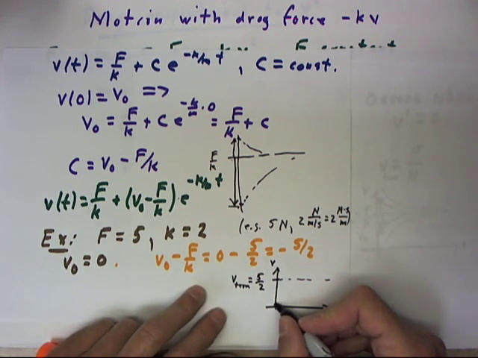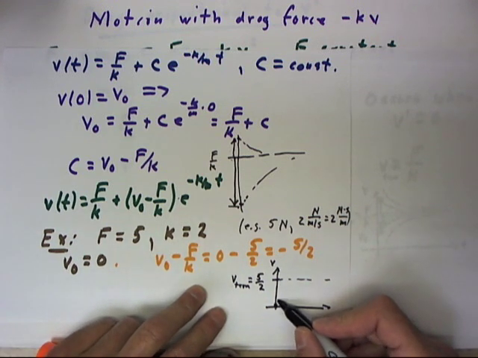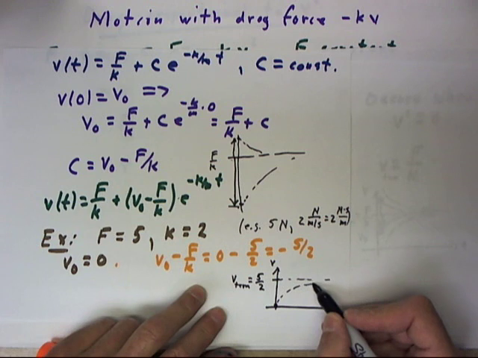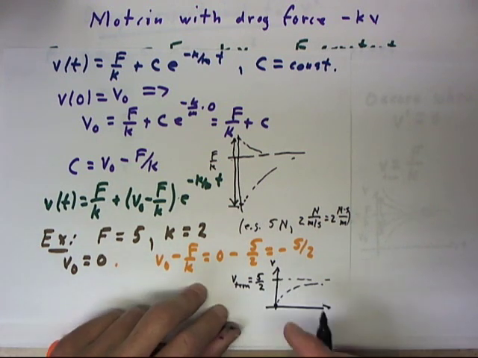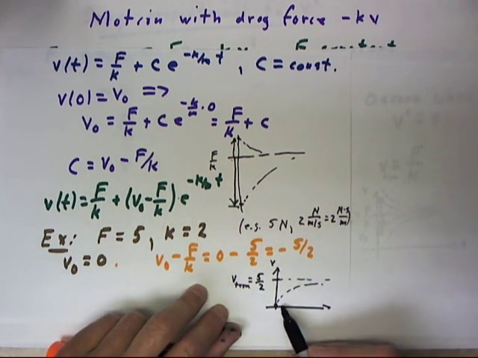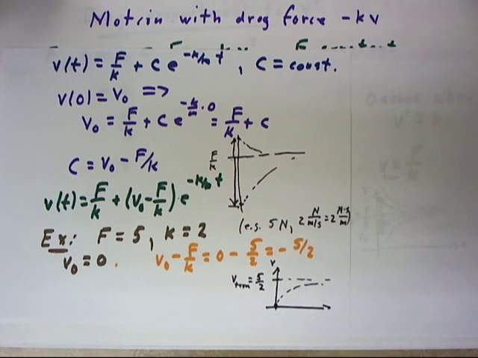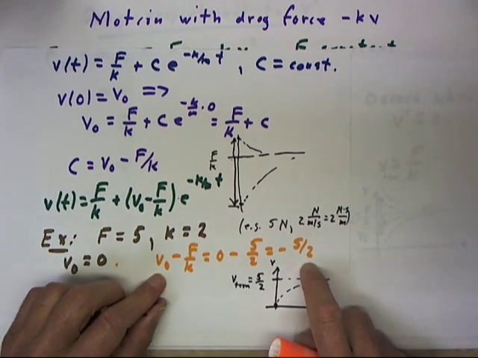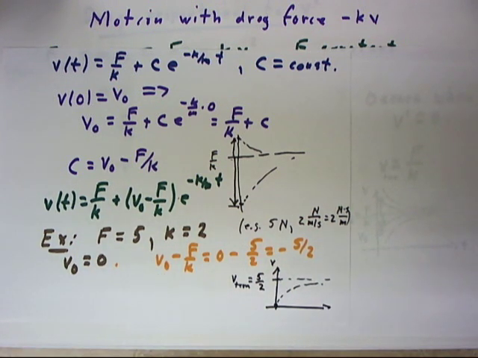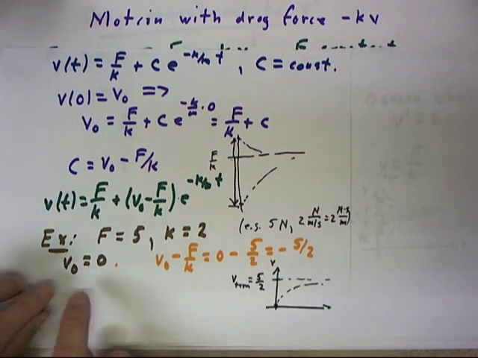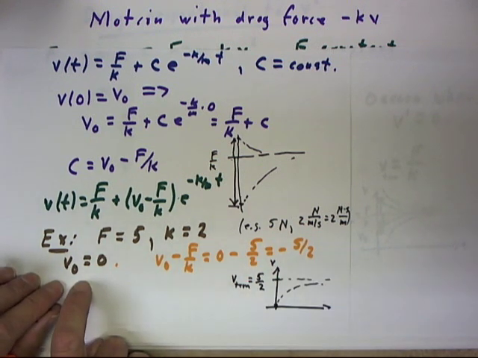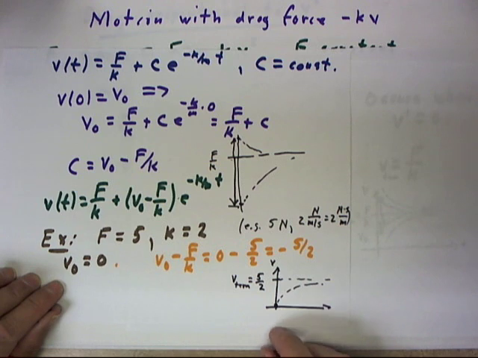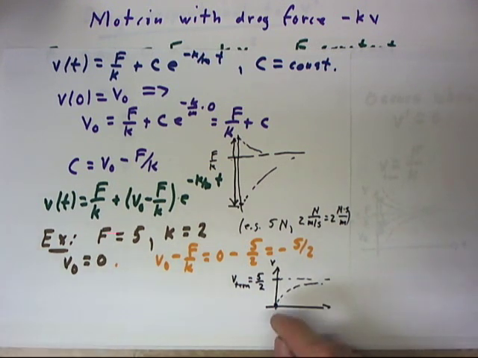We're starting from velocity 0, and we expect this thing to, in some fashion, approach this constant velocity as a limit. v naught minus f over k is negative 5 halves. What's this? Well, that's how far our initial velocity is from our terminal velocity, and it's negative because our initial velocity is below our terminal velocity.